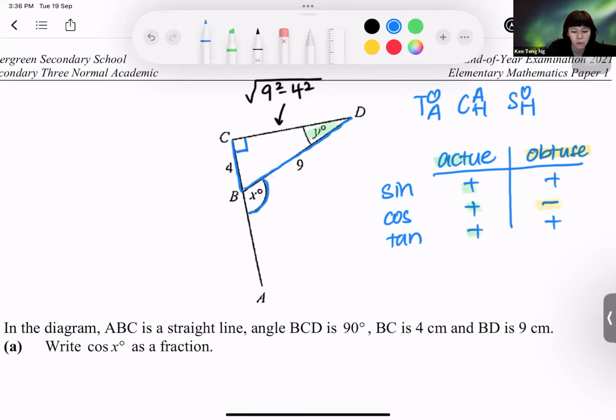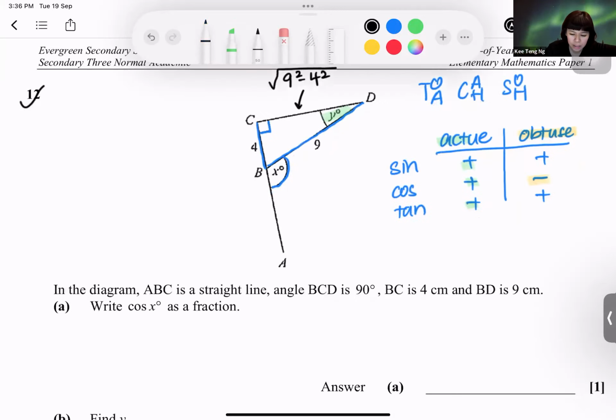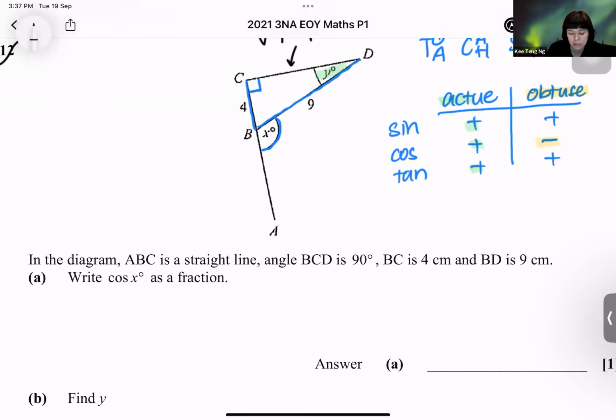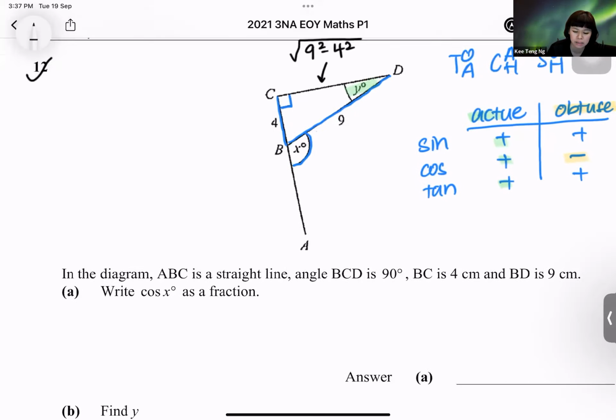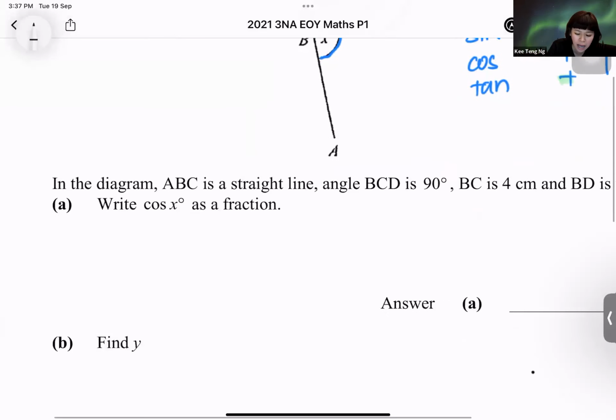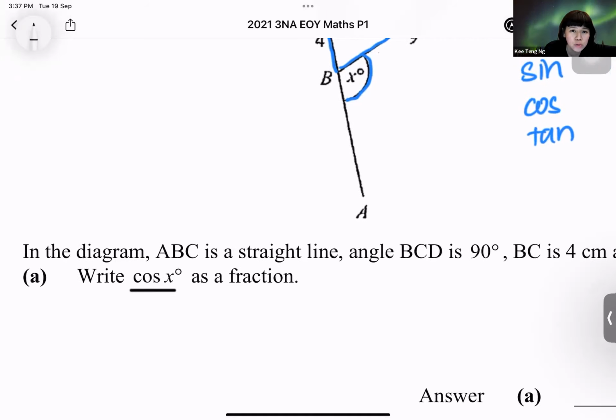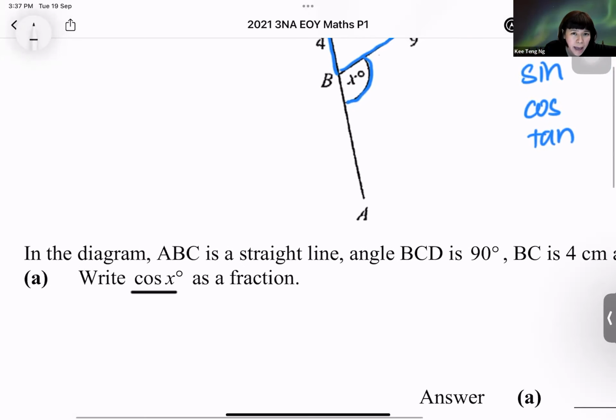Okay, and then let's see what do they want us to find. Inside the diagram, ABC is a straight line, angle BCD is 90 degrees, then you have 4 cm and 9 cm. Write down cosine of x. Read through carefully. Cosine of x, do they want the angle? Do they want a fraction?